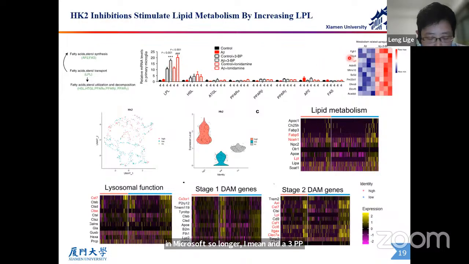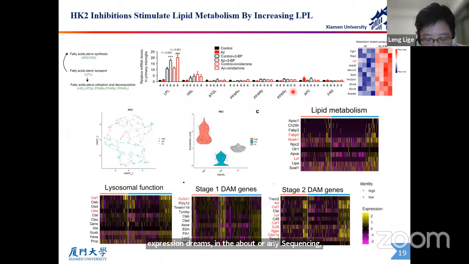Moreover, LPL also ranked third among the differentially expressed genes (DEGs) in the above RNA sequencing analysis.